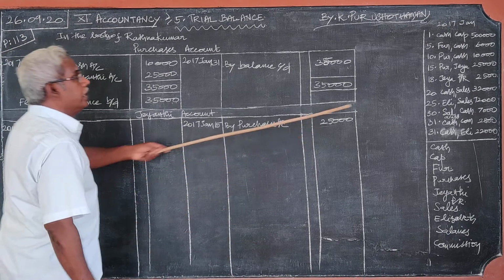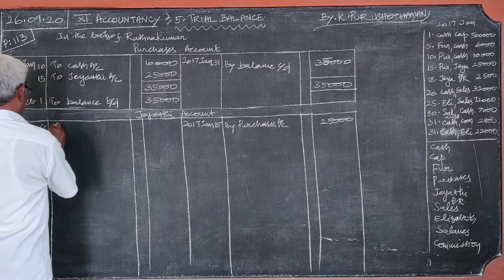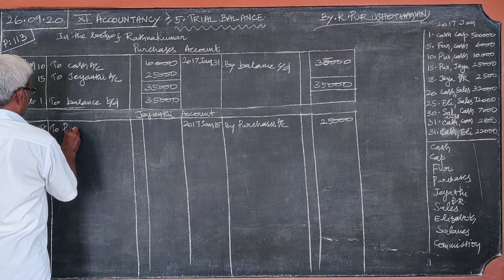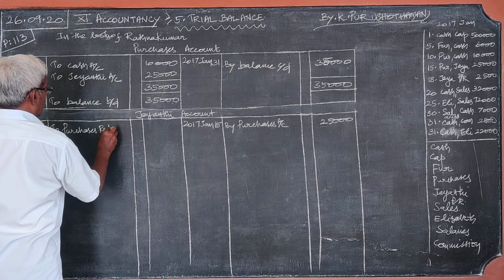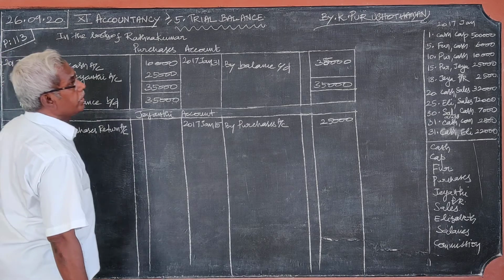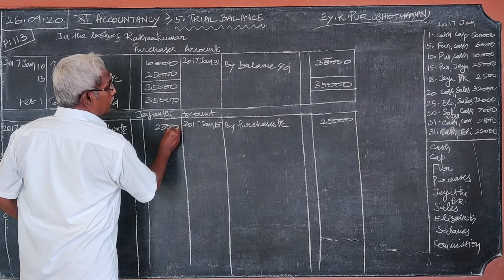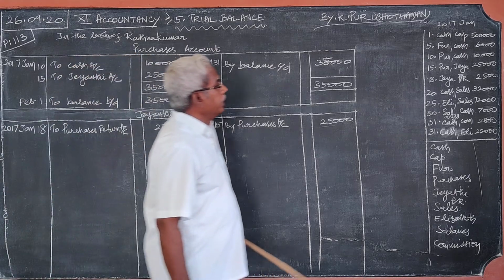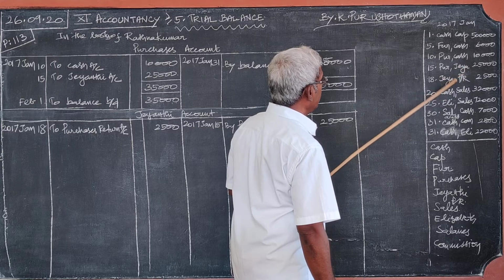What is coming along with the Jayanti account? Purchases return. So, to purchases return account, the amount is 2,500. And in no other place does the Jayanti account appear, only in these two entries.